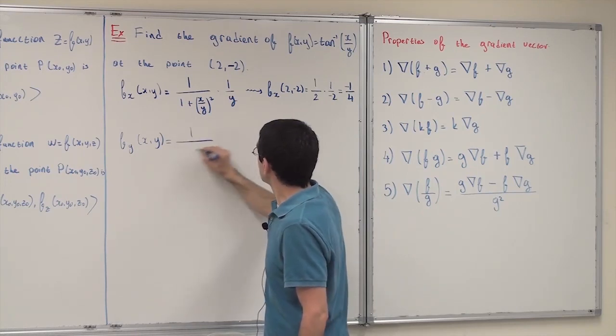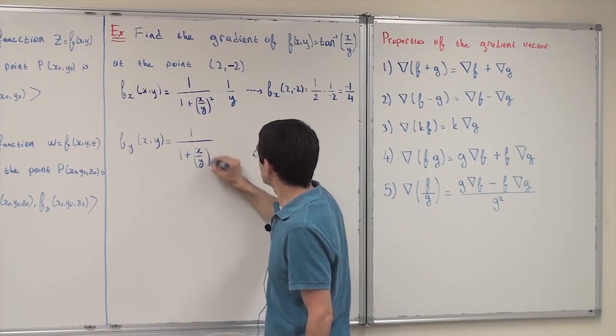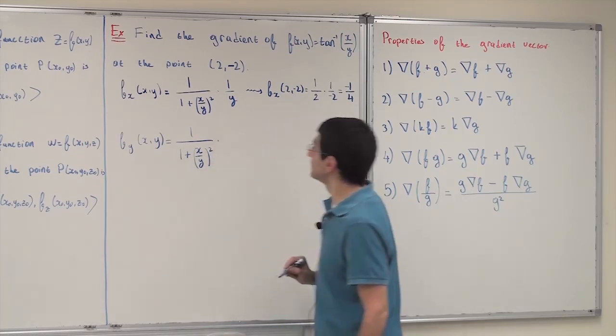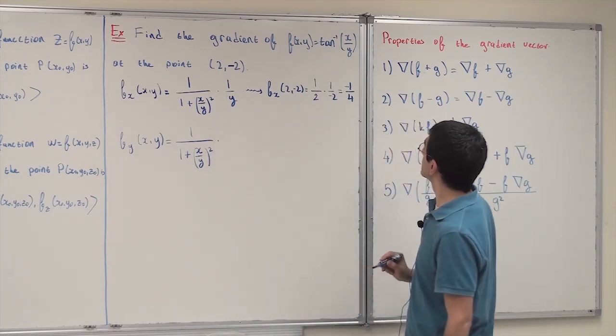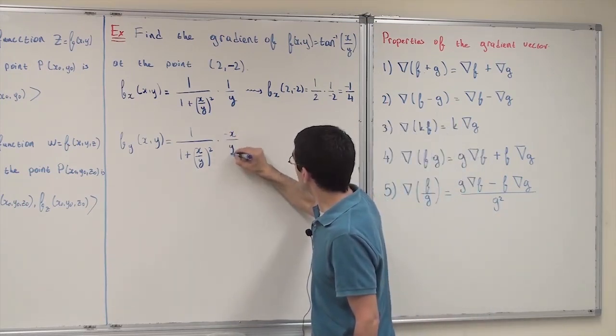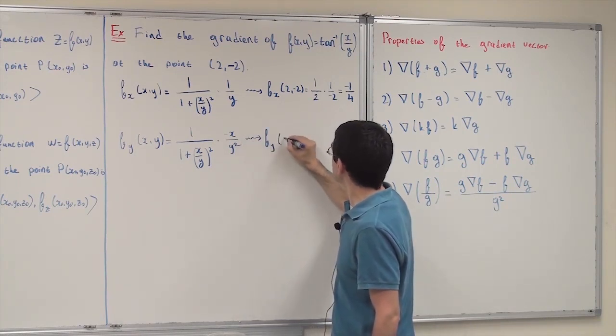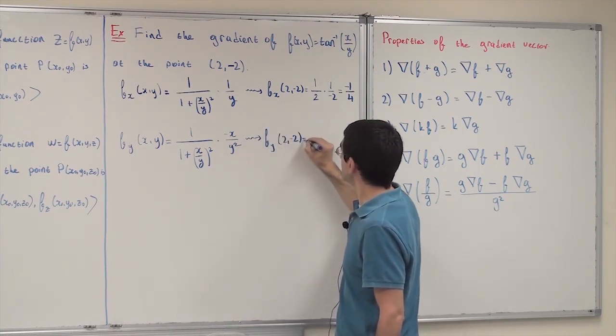So the derivative of the tangent inverse times the derivative of the inner function with respect to y, which will give us negative x over y squared. And then we evaluate this at the point.